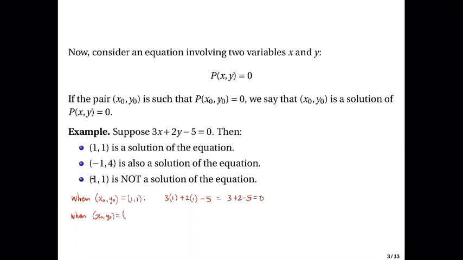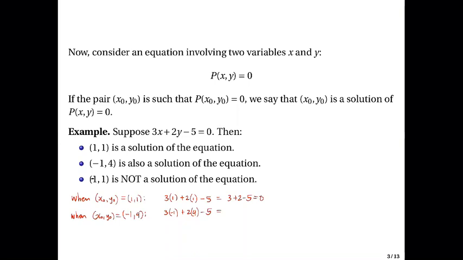So negative 1, comma 4, okay? We will have the following. So 3 times negative 1 plus 2 times 4, okay? 2 times 4 minus 5.